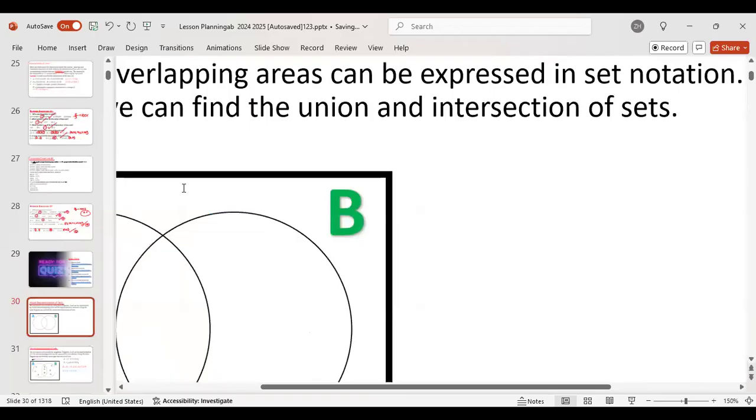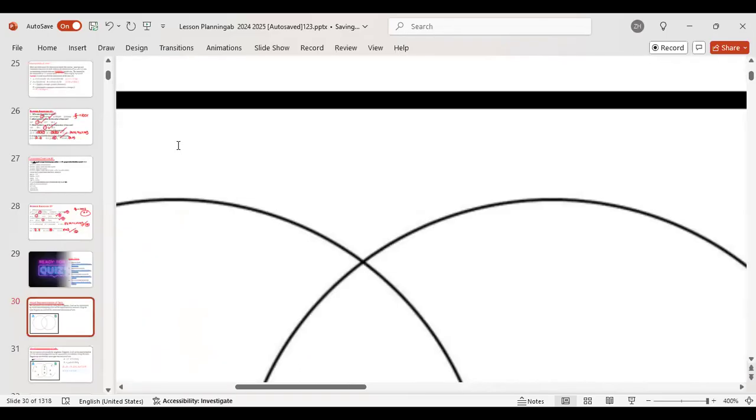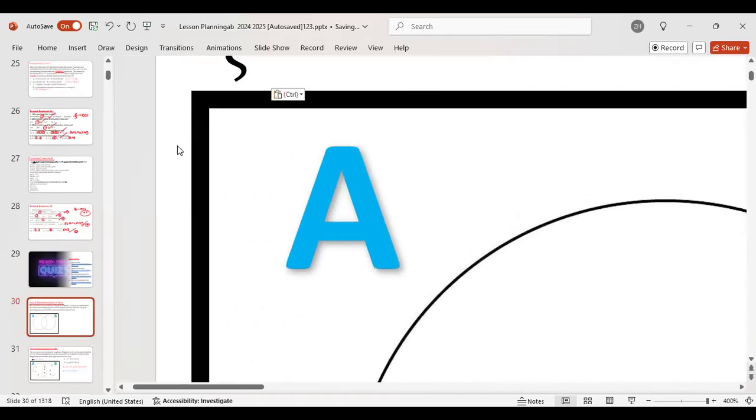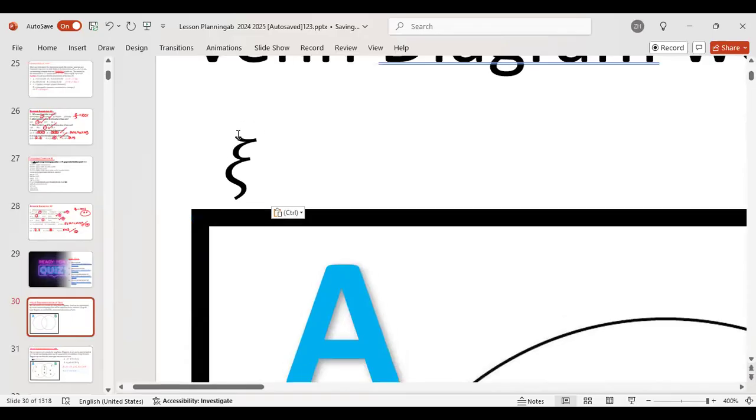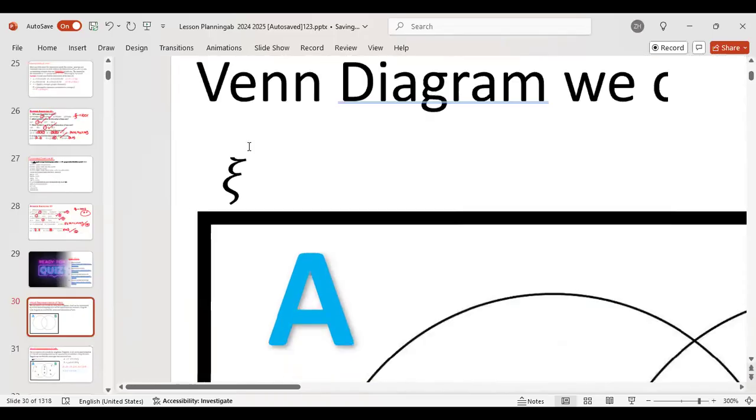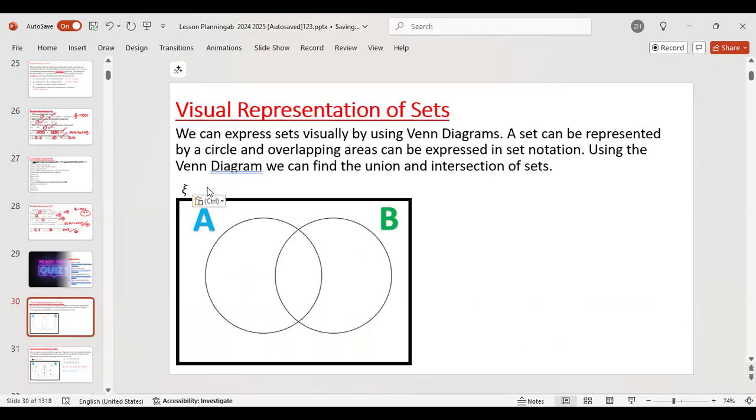It's like a curly E. We call this epsilon, and this is what we use to represent the universal set. This symbol means the box. So everything inside the box is inside the universal set.